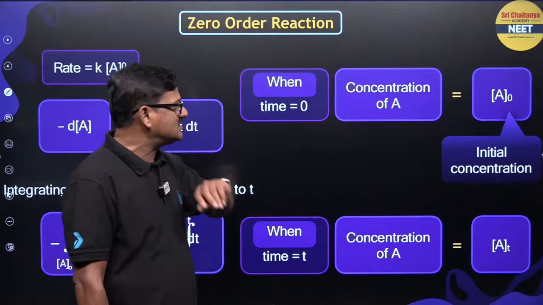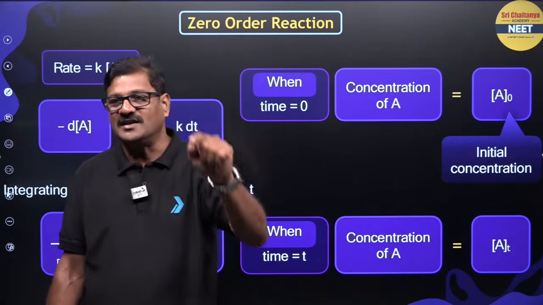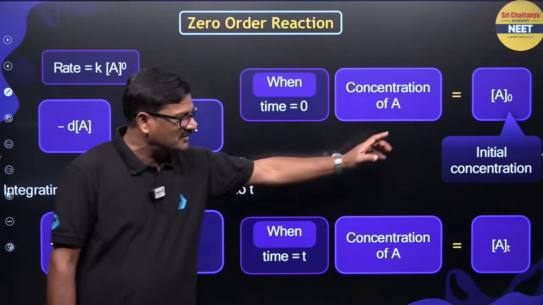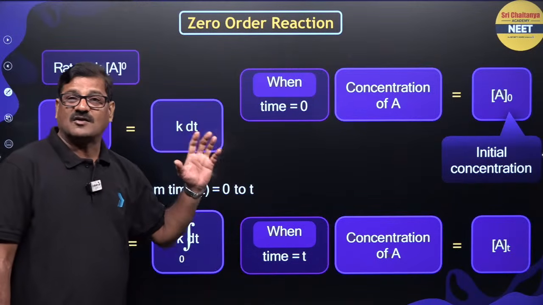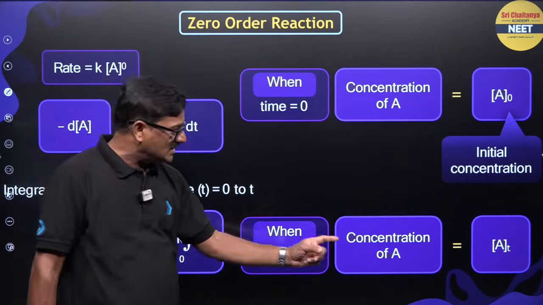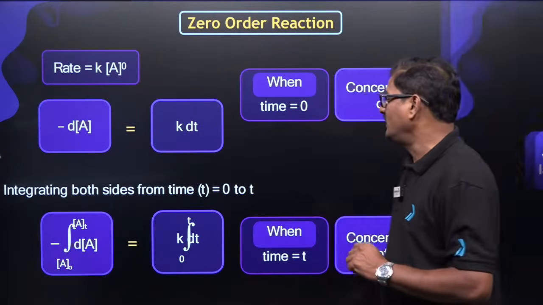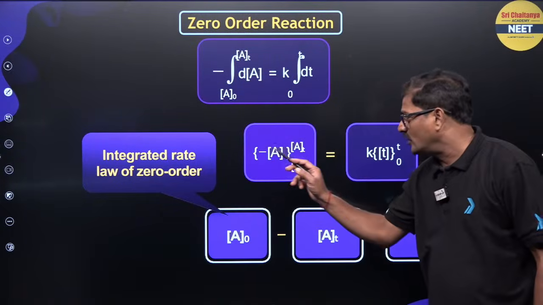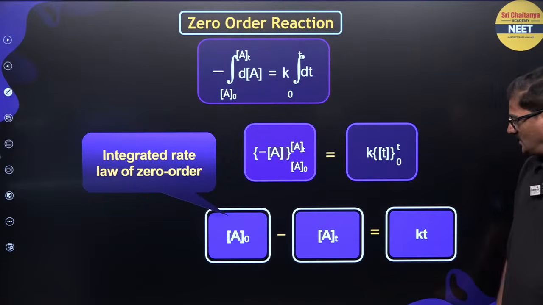When time is equal to 0, concentration of A is going to be A naught. A naught indicates the initial concentration of A, bachcho. And when time is t, the concentration of A is equal to At, this is the concentration of A at time t. So putting that in the integration, you are going to get A naught minus At is equal to kt.